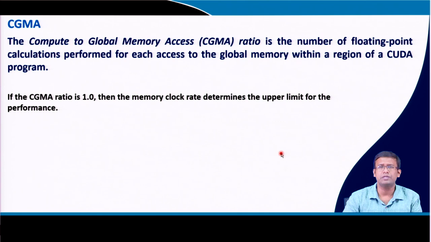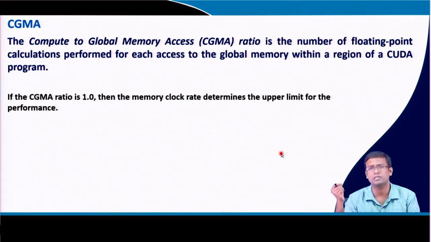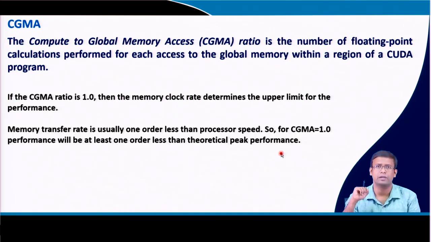The CGMA ratio should be higher for good performance. If the CGMA ratio is 1, that means for one operation we are doing one memory access. Memory access is always slow, so the computing speed is limited by the memory access speed. So you should try to have a higher CGMA, so that for one global memory access more computing is done.